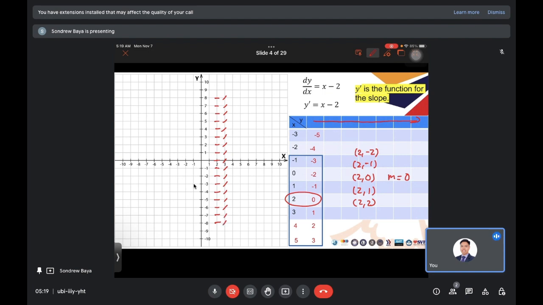On the other side, at x equal to 1, your slope is negative 1. So we can just predict to be like this. If you want, you can use a ruler just to come up with a perfect 45-degree line. So here we predict that as we go to the right, it becomes steeper.